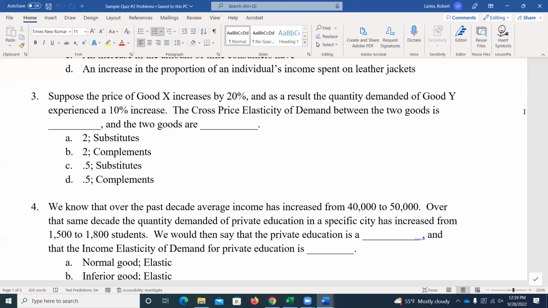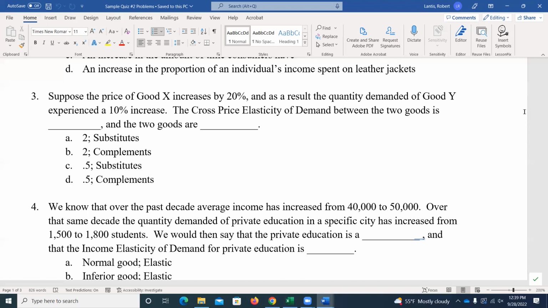Well, if I increase income and people buy more of that good, that tells me that it's normal, right? That's just kind of how we think about most goods. If I have more money, I'm probably going to buy more of things, right?